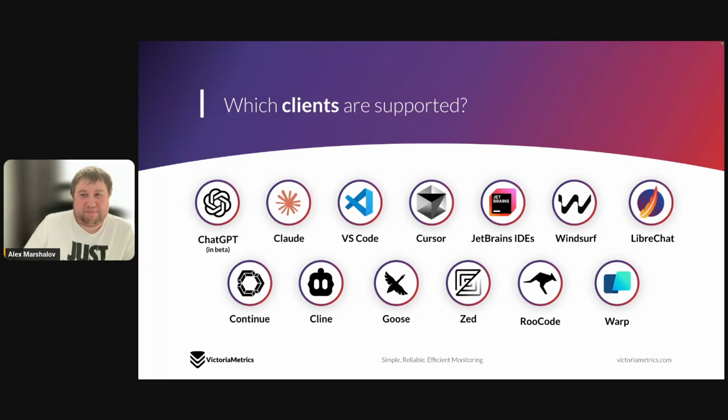I'm not going to suggest some best client because it depends on your tastes, needs, requirements, etc. I'm just going to tell you how to set up MCP VictoriaMetrics in your client.